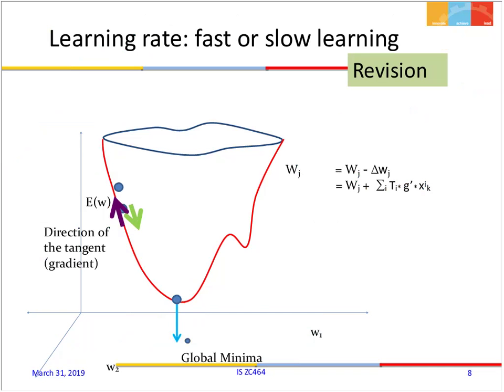So this expression, summation Ti g dash xk, is the expression used for the delta change in the previous weight. Similarly, at every iteration, a new Wj is computed using the old Wj by adding or subtracting this expression of delta Wj.